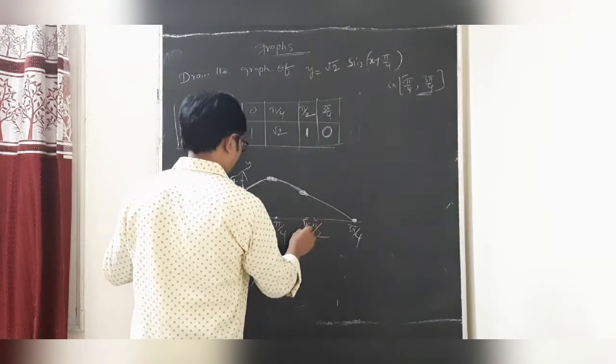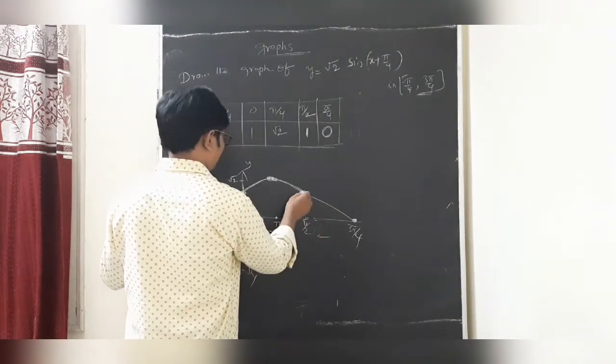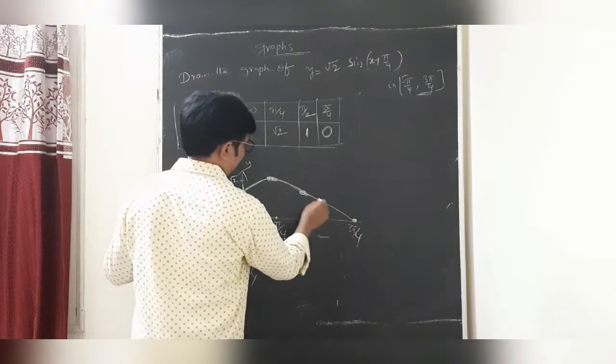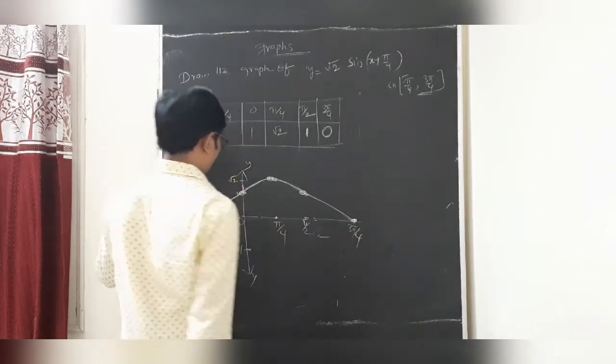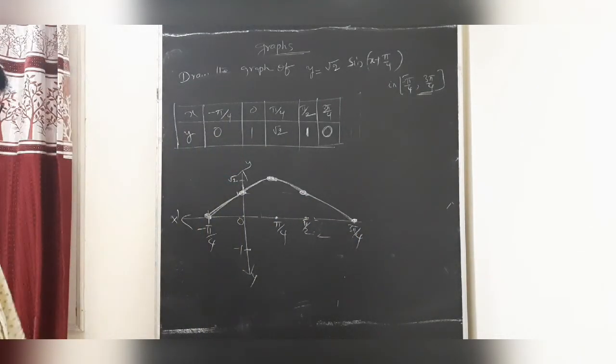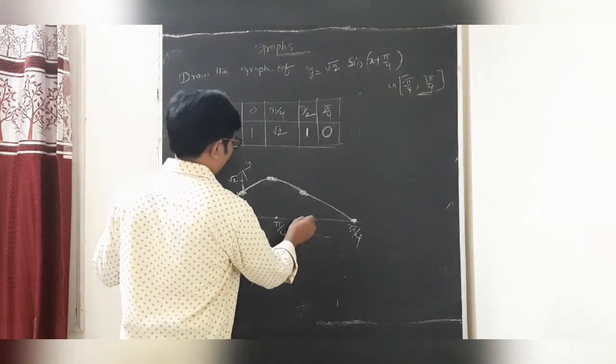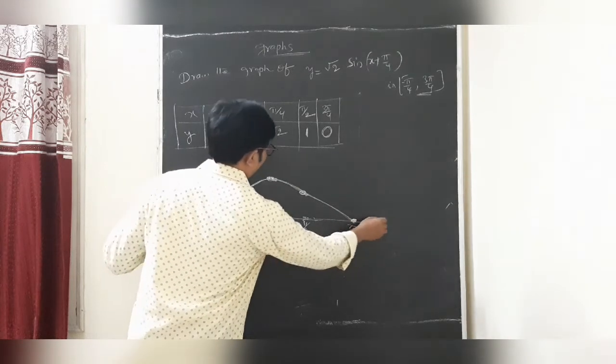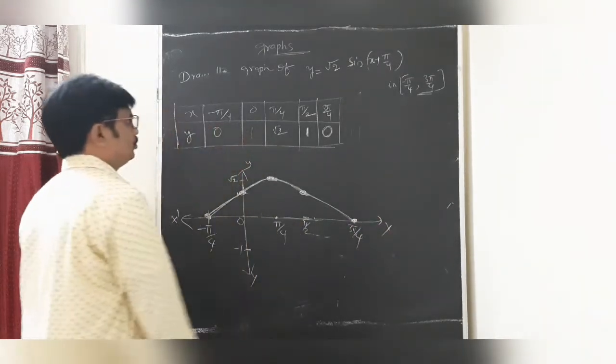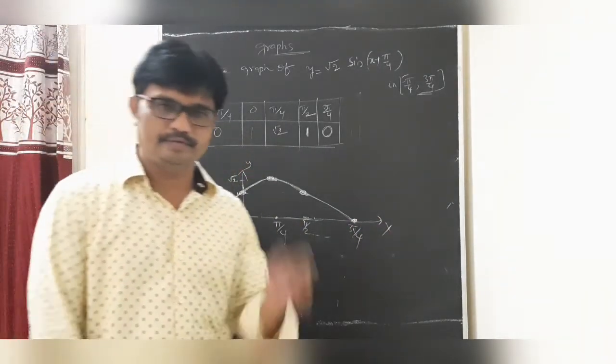Undoubtedly we are taking 90 like this, this is 1 parallel. After that, 3 pi by 4 is 0. Okay students, this is the graph of y equal to root 2 into sin of x plus pi by 4.